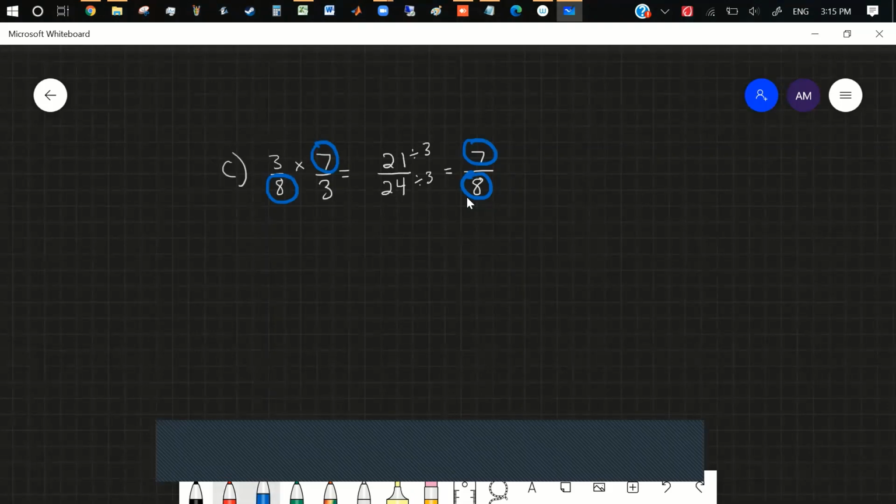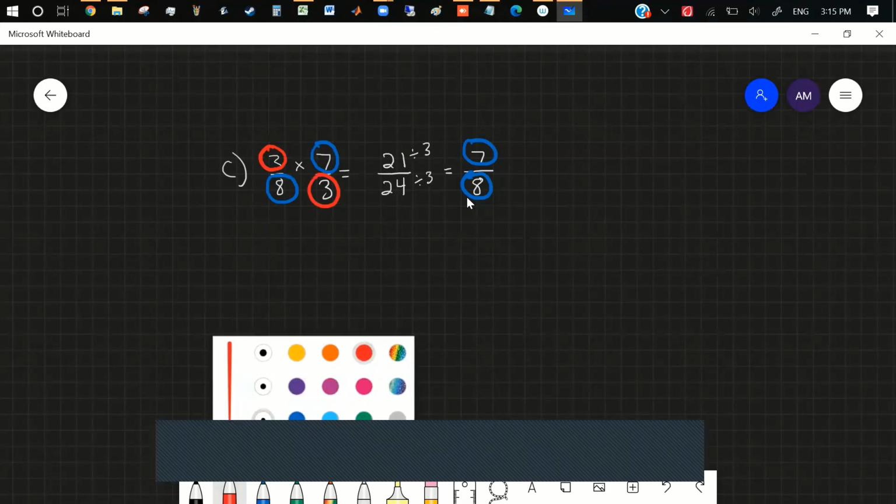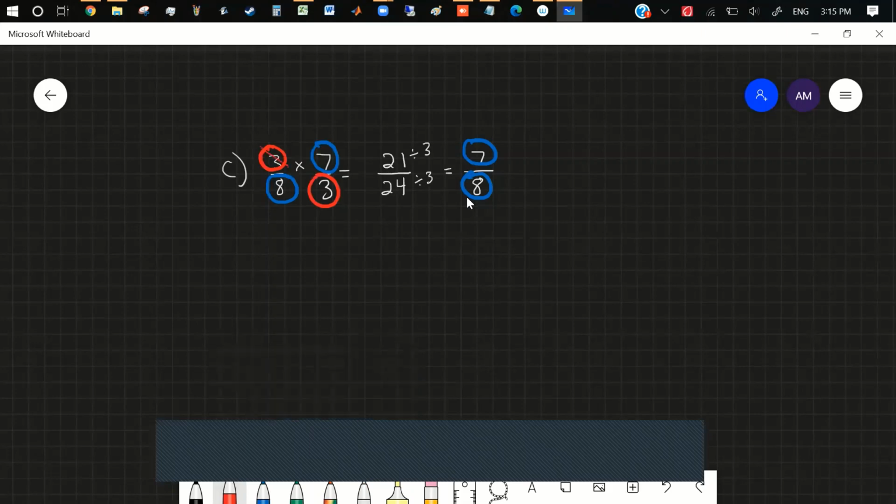That's because whenever there's a 3 on the top of a fraction and a 3 on the bottom of a fraction, and the two fractions are multiplied, if the same number appears once in the top and once in the bottom, they will cancel out. And so the only things left were the 7 and the 8. So our answer was 7/8.